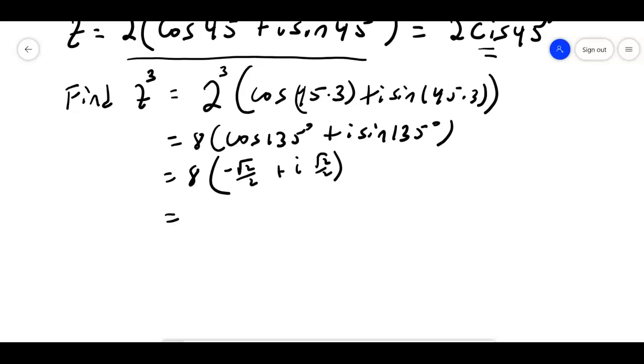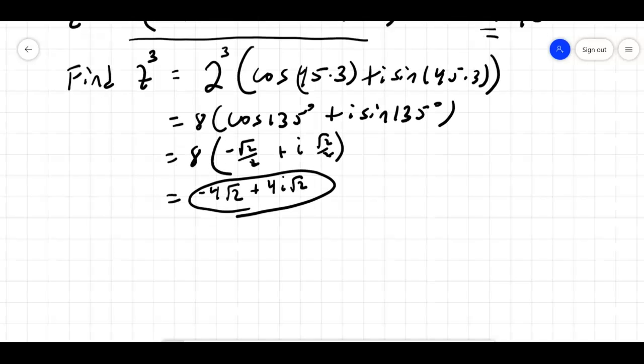And if you distribute it through, the 8 will cancel that 2. So negative 4 root 2 plus 4i root 2. Okay, and that should be your answer. So when you distribute that 8 through, it knocks out both of these 2's here.